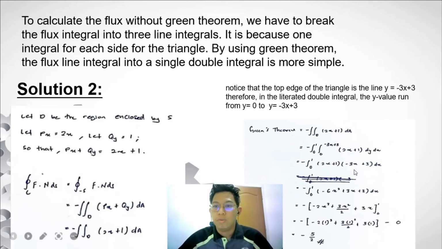After that we do the second integration, and we get negative 2x cubed plus 3x squared divided by 2 plus 3x. We replace x with 1 and 0: negative 2 times 1 cubed plus 3 times 1 squared divided by 2 plus 3 times 1, subtract 0, and the answer is negative 5 over 2.